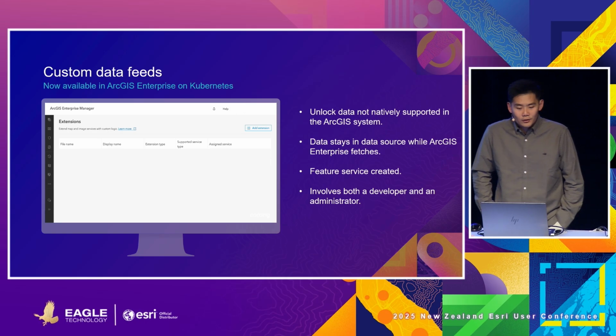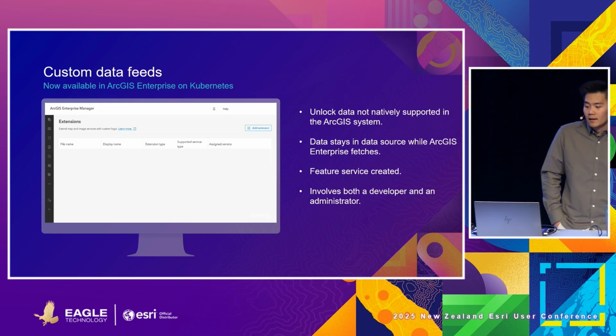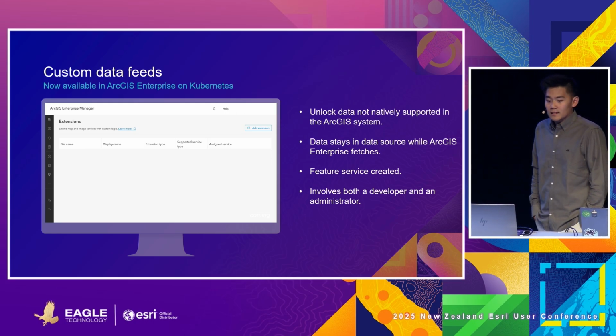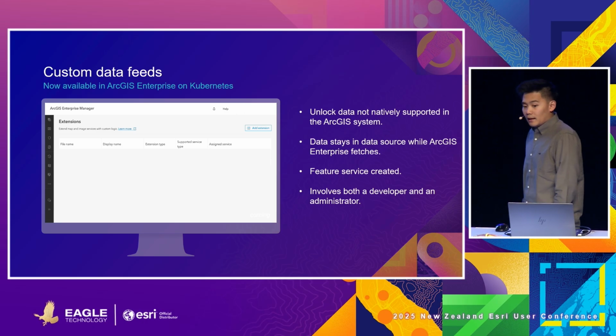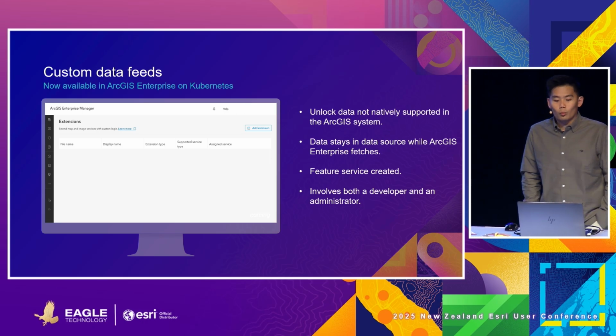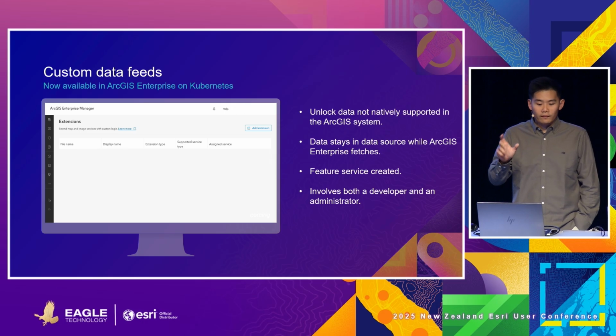Custom data feeds. So data from custom data feeds can be served to web clients, desktop apps, and field apps as a read-only feature service. The following examples are where you want to create a custom data feed. And remember, this is a read-only feature service.